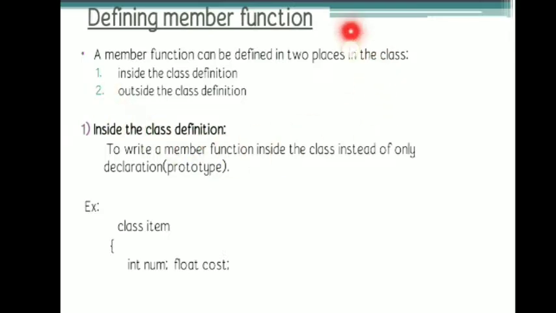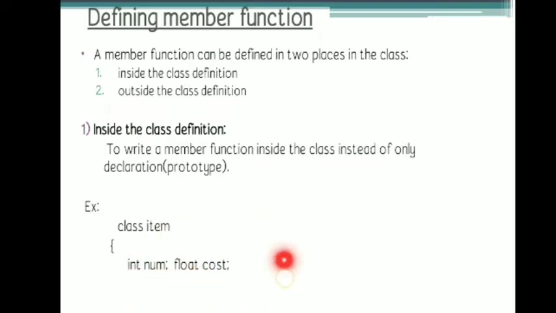Within the class we can define methods. The methods can be declared in two formats: one is inside the class, another one outside the class. So how can we define inside the class? The example given here is item, a class, and within it two members are defined.